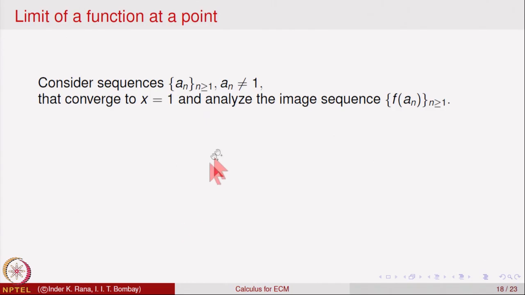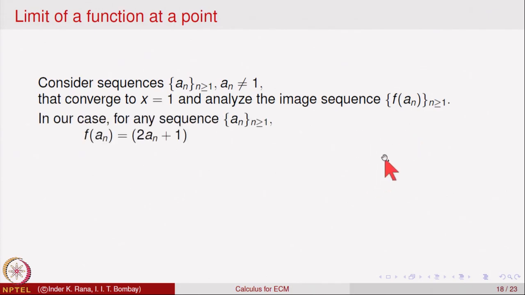So, consider a sequence a n not equal to 1 that converges to 1, and analyze what is happening to the image sequence. What is the image sequence? It is f of a n. If a n is a sequence in the domain, then f of a n is the image sequence.